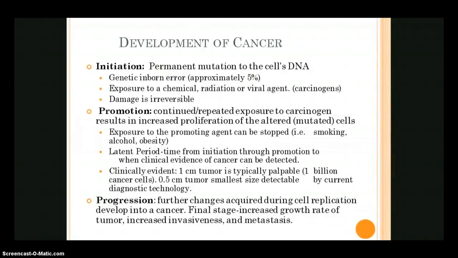And with our best diagnostic tools, we can detect about 0.5 centimeters, okay? Then we have progression. Progression is when we have further changes that are acquired during cell replication and then develop into cancer. And at the final stage, we see an increased growth rate of the tumor. We see them become increasingly invasive, and we see metastasis.